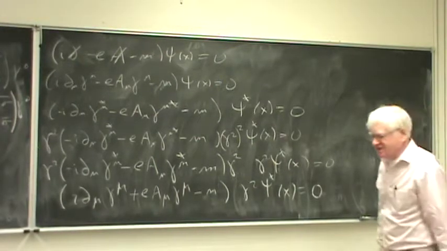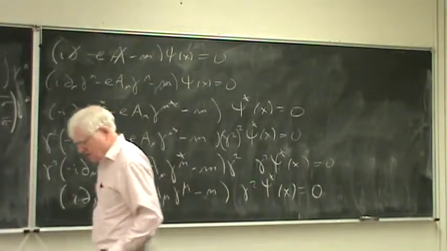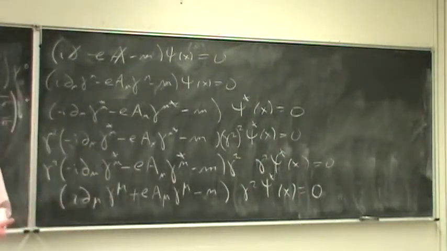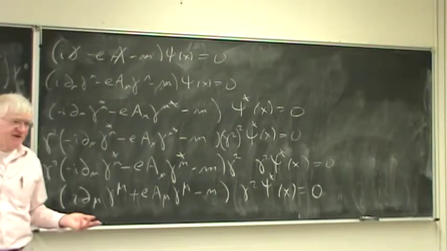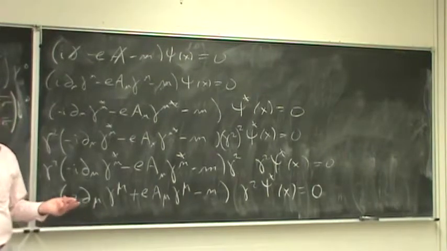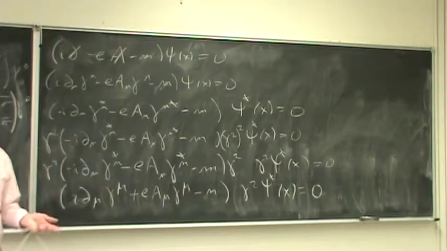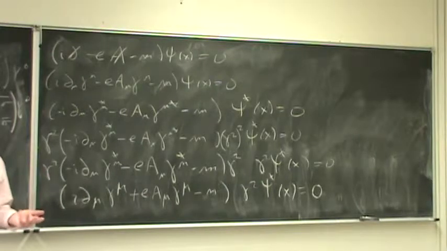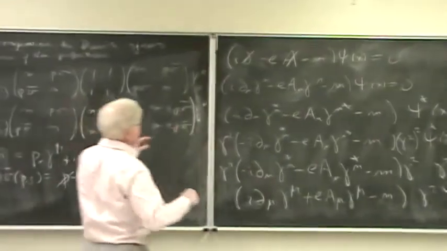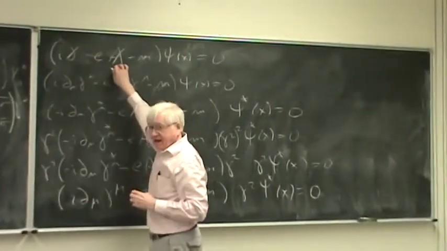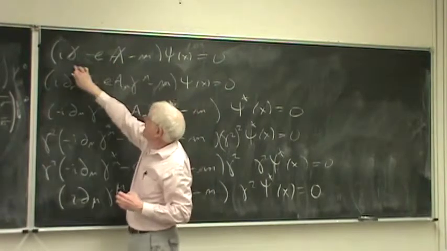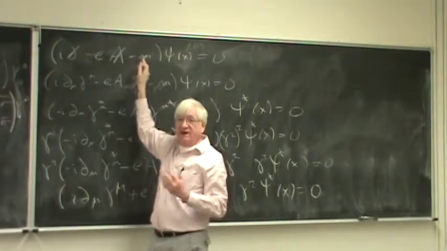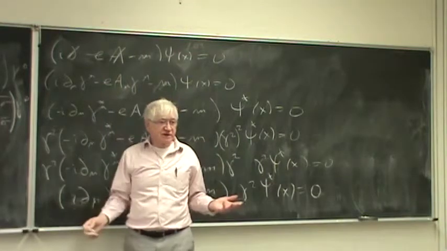Now, remember that I said to you, the sign of m in the Dirac equation doesn't matter. Now, of course, I didn't prove that, did I? The reason why it doesn't matter is that in order to find out what m actually is, you take the Dirac equation, and let's think about the Dirac equation for simplicity without an A. You multiply by i d-slash plus m, you get a Klein-Gordon equation involving m squared.